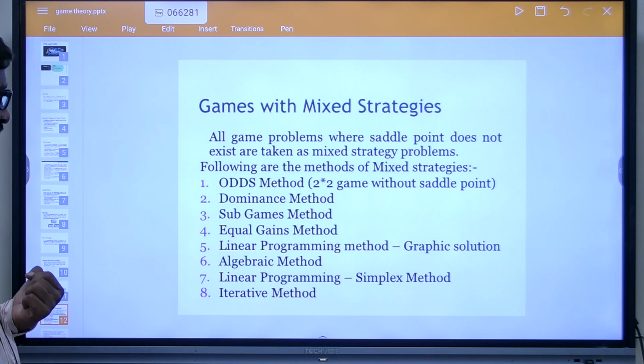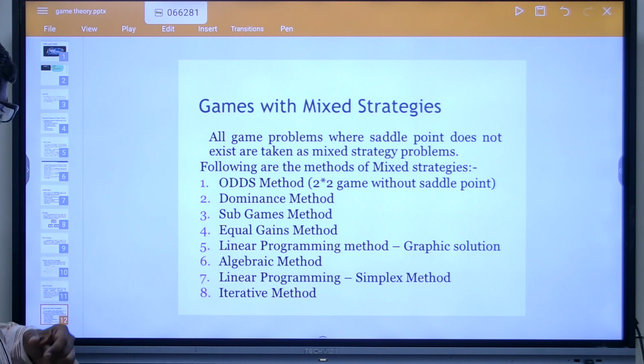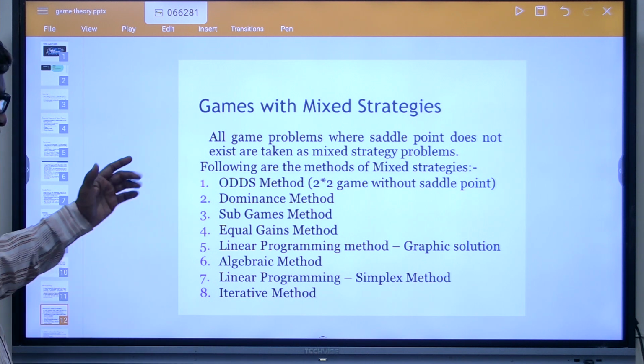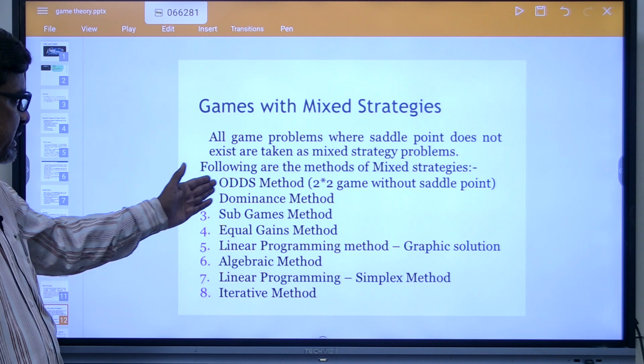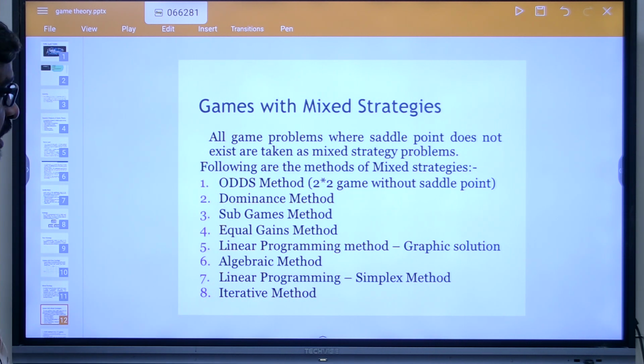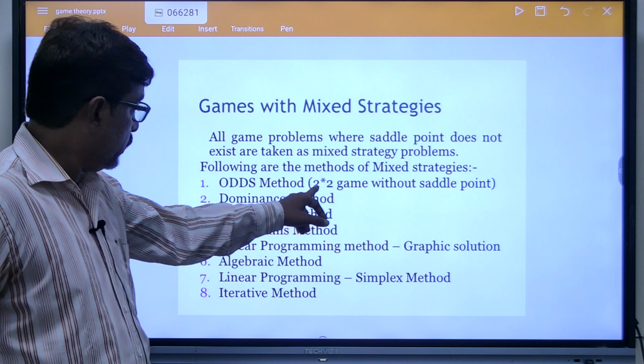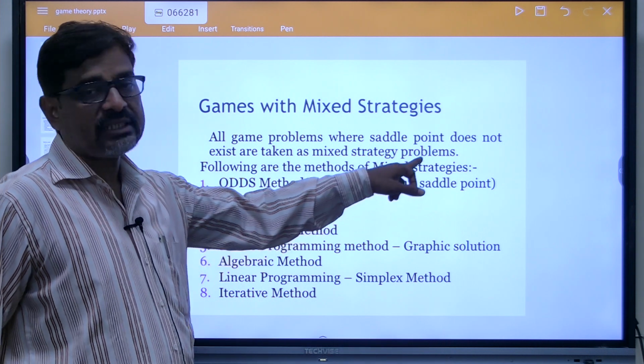And in this case, we have various methods for solving the mixed strategy game. These are the methods. The odds method, when the payoff matrix is 2 by 2 without the saddle point.